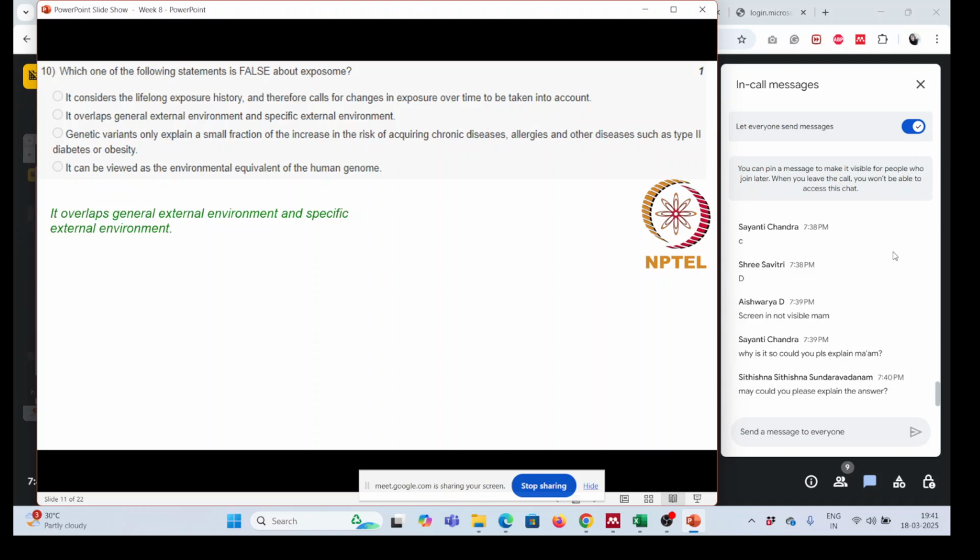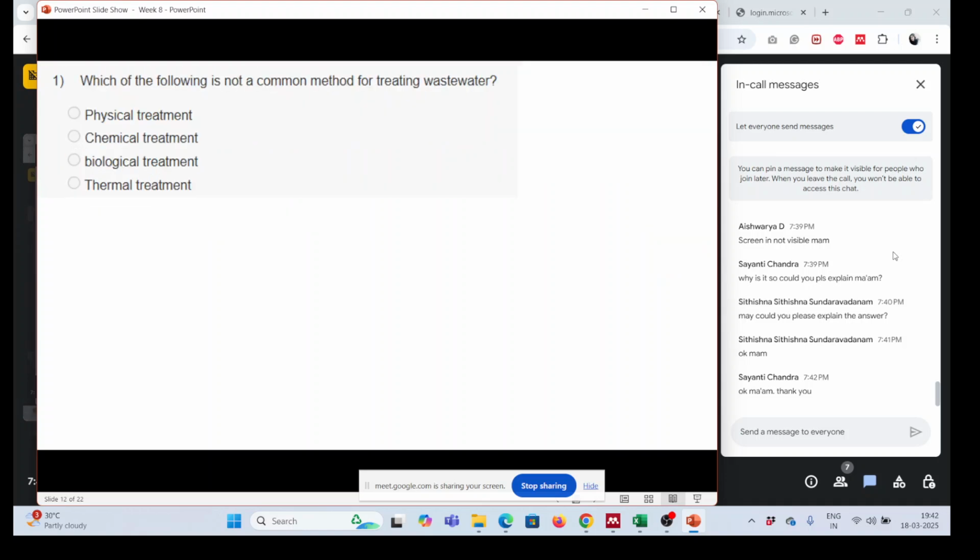That is why that statement is false. It incorporates external as well as internal factors, not just external. Let's move forward to the next one.